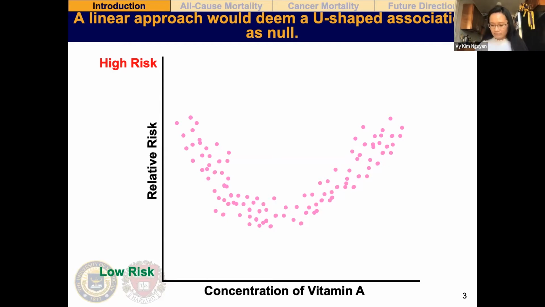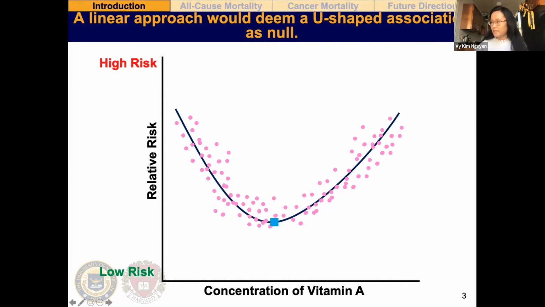And so if you see data points like this, you would think that the curve would look something like this would be the best fit, some sort of quadratic parabolic curve that would best describe this association if you're trying to fit a model to these data points right here.